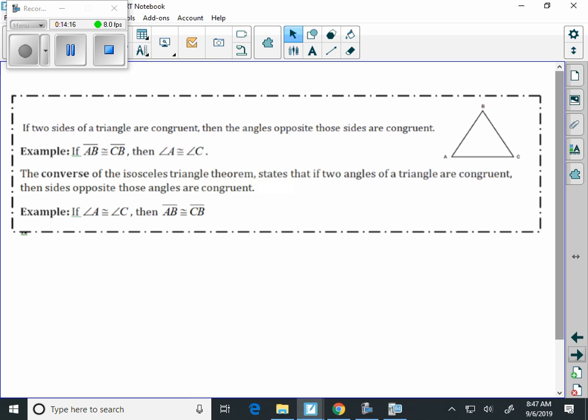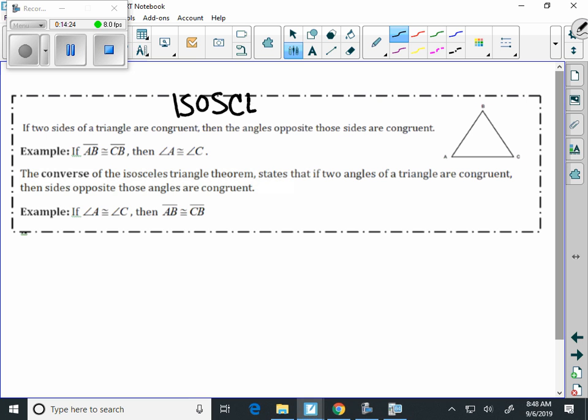So I'm missing my isosceles triangle theorem words here. Isosceles triangle theorem. And if 2 sides of a triangle are congruent, then the angles opposite those sides are also congruent.